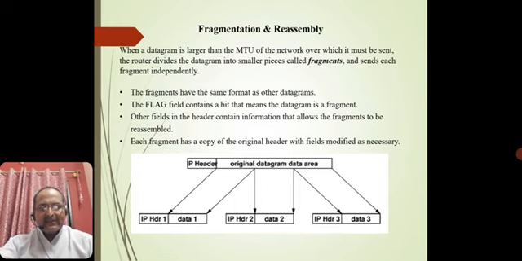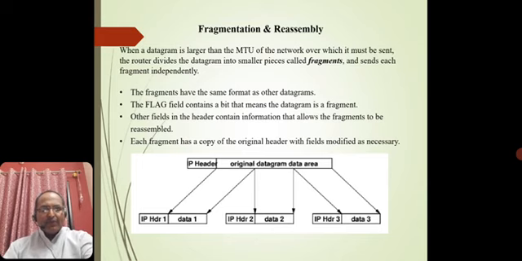Each fragment has a copy of the original header with the necessary fields modified. For example, 128 1, 128 2, 128 3, 128 4. So this 128 has 4 fragments, and each one is connected to a parent datagram, right?